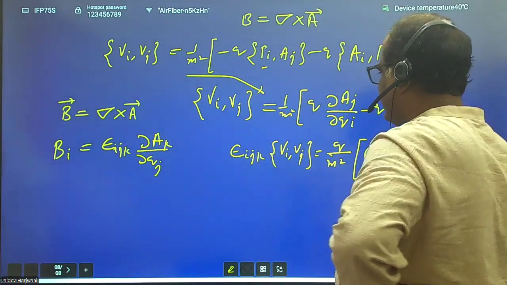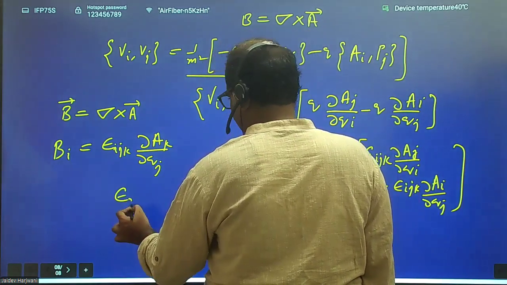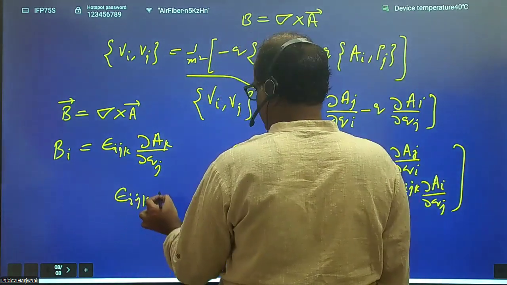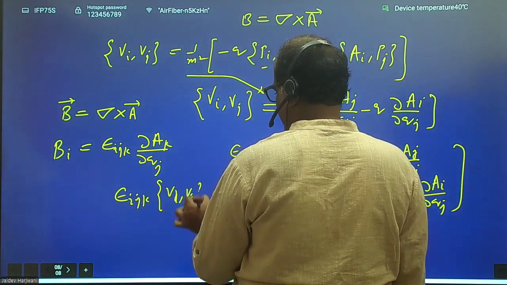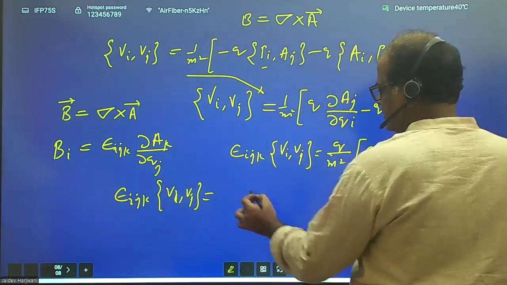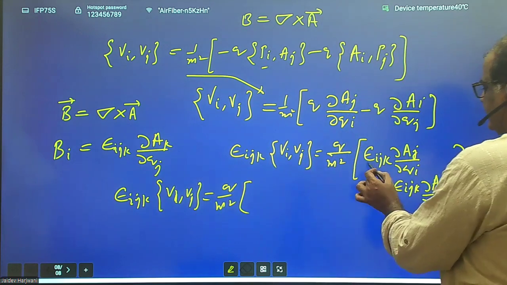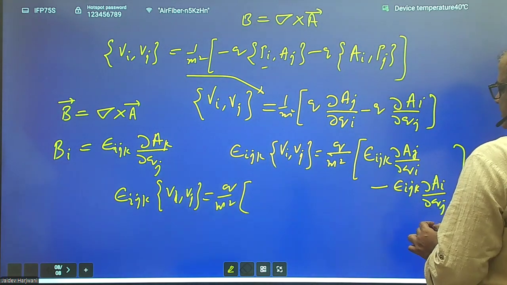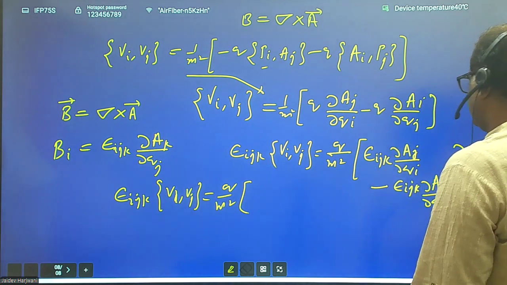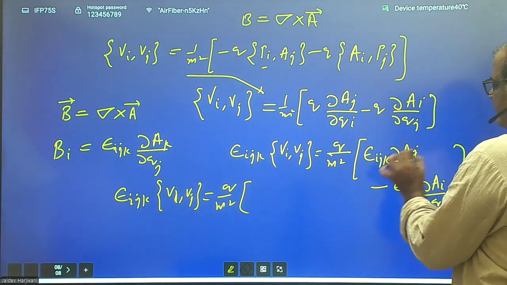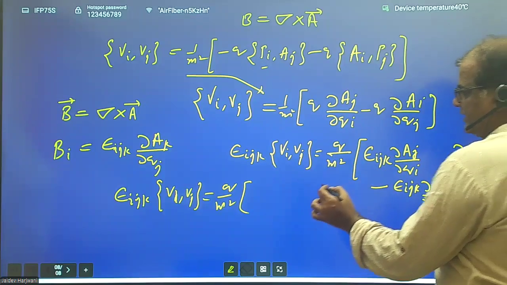Now let us see what we have. So now I have eijk vi vj, and this is q by m square. Now what can I write? eijk. Here you have j, here you have i, and here this one, so this should be third, 2 and this should be 1. So how can I write it?